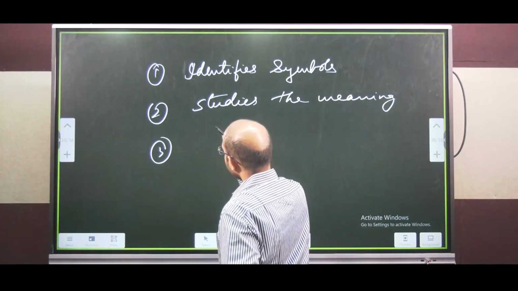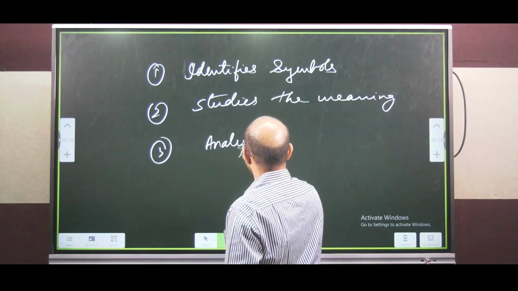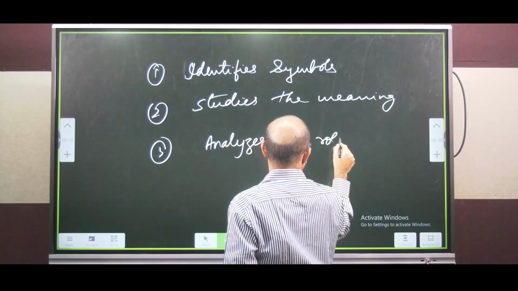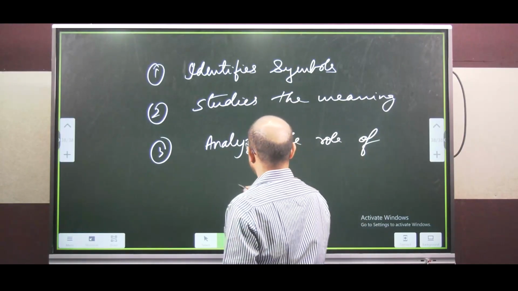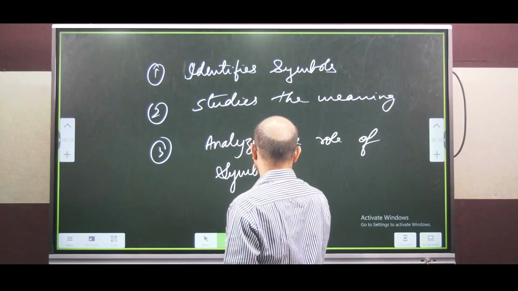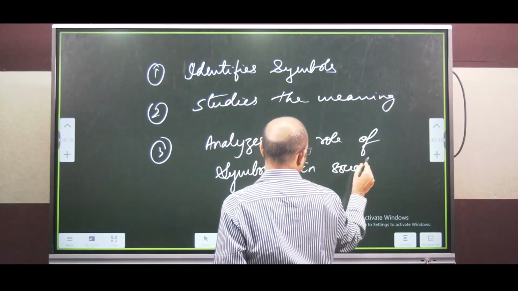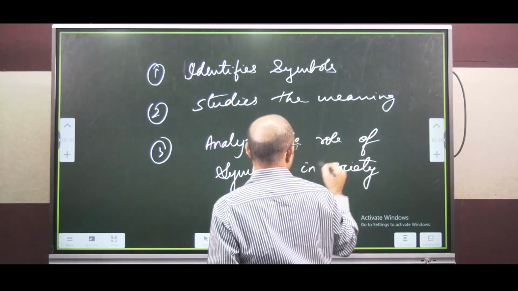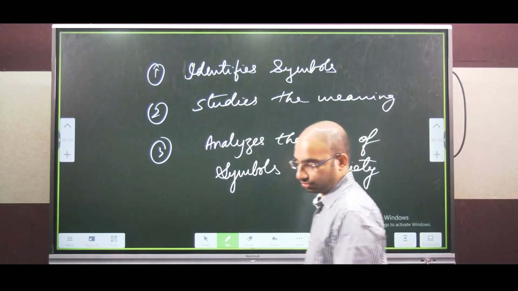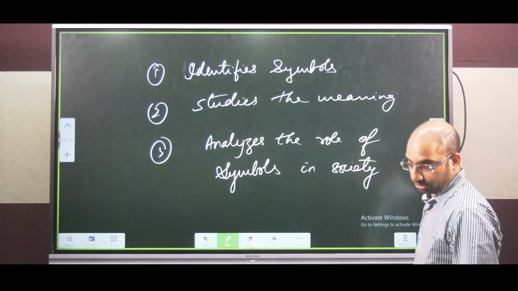And then he analyzes the role of symbols in strengthening society. What is the role of these symbols in strengthening society? So this is the broad discussion that you can capture.